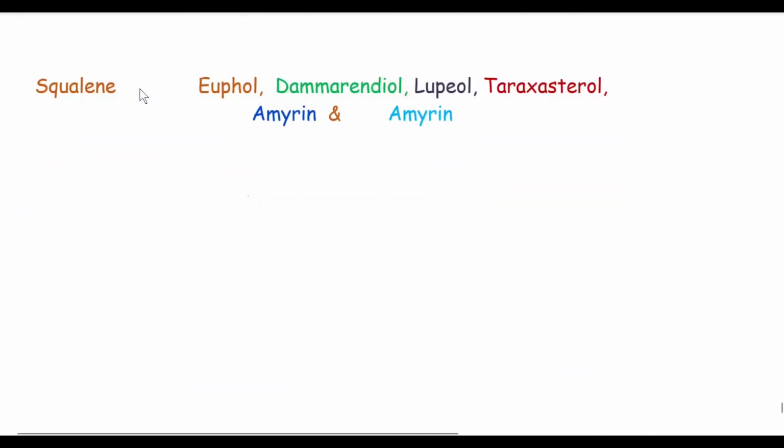First, we will see the biogenesis of euphol, dammarenediol, lupeol, taraxasterol, alpha-amyrin, and beta-amyrin from squalene.